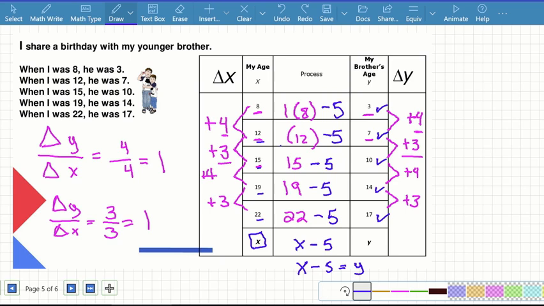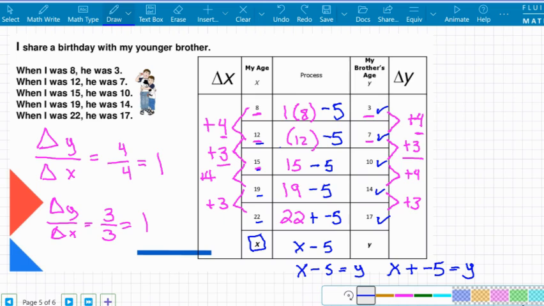As it happens, instead of 22 minus 5, I could have written 22 plus negative 5. Guess what that equals? 22 plus negative 5 is 17. So another way of writing this equation could have been x plus negative 5, because it results in the same answer.